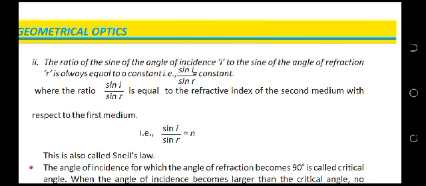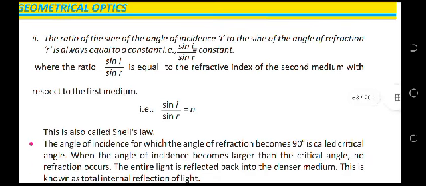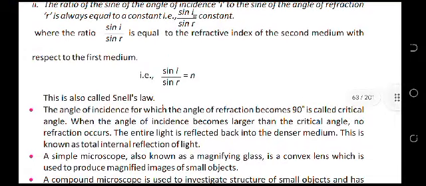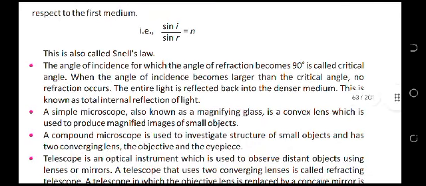That is, sin i over sin r is equal to a constant, where the ratio sin i over sin r is equal to the refractive index of the second medium with respect to the first medium, n. This is also called Snell's law.